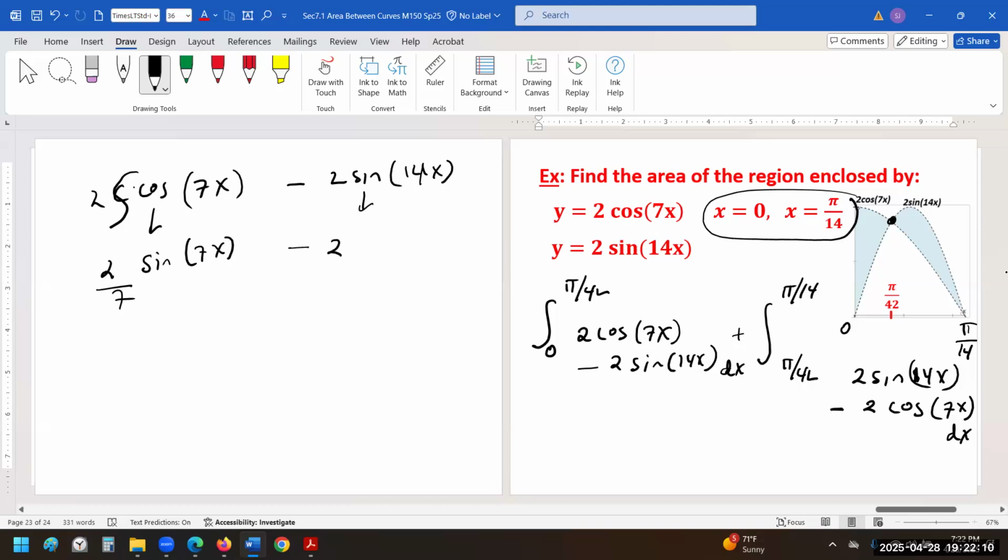The derivative of cosine is negative sine, so plus cosine 14x, that's the antiderivative. And then divided by 14. Evaluate that from 0 to pi/42, and then do the same thing for the other one, and then you get the answer.